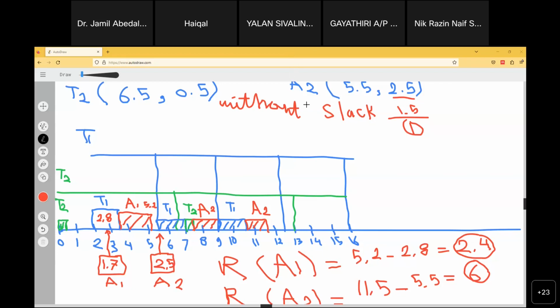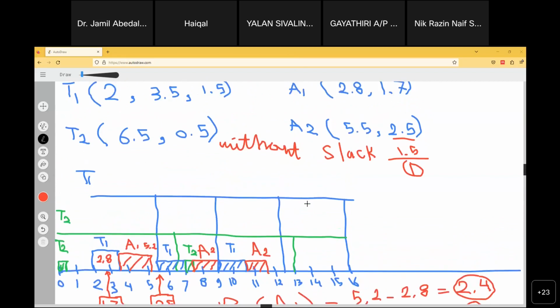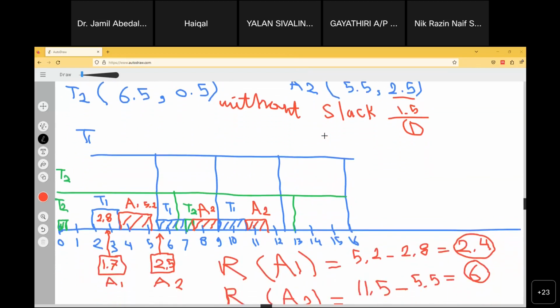Okay, do you need more time? Do you need more time, student, to write your notes? Please answer. You need more time, or I start with the slack stealing scheduling? 2 minutes, sir. Yeah, sure.